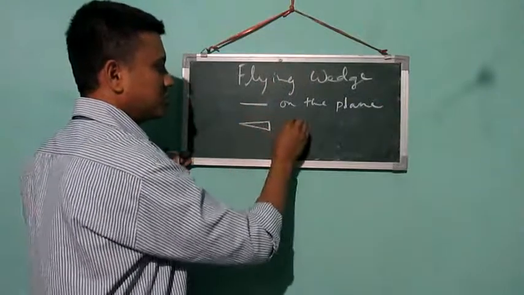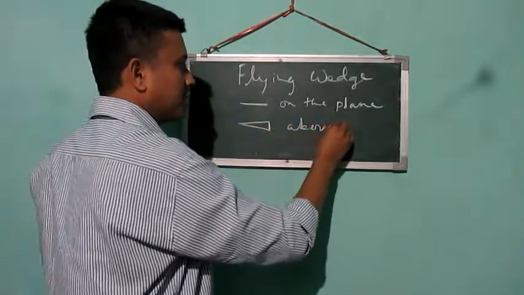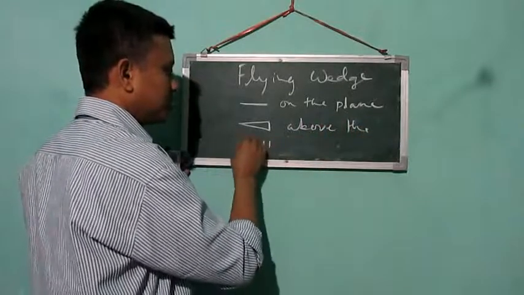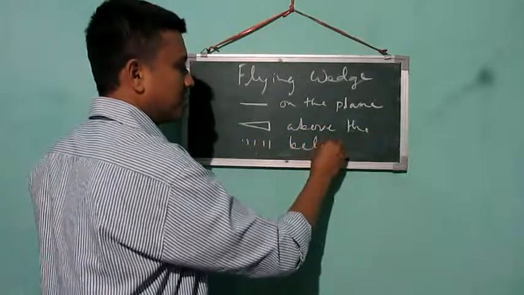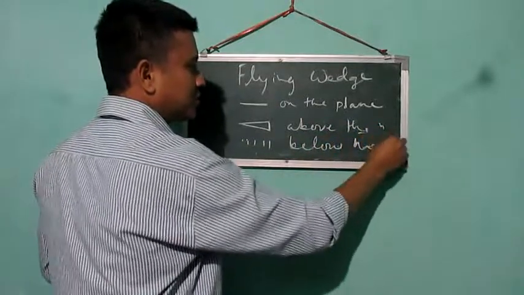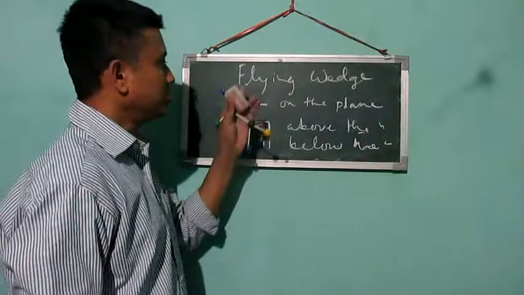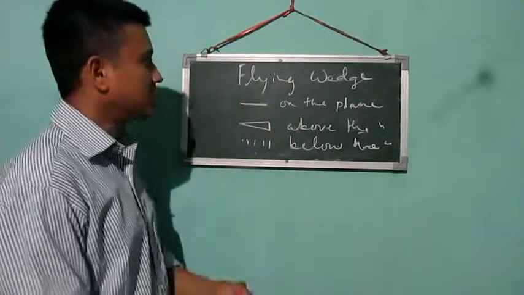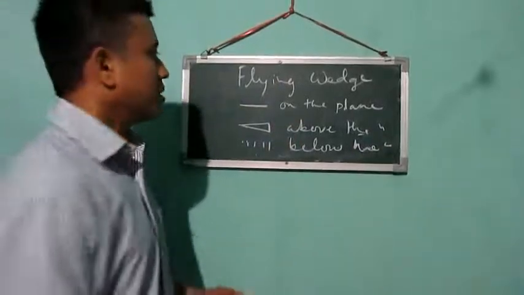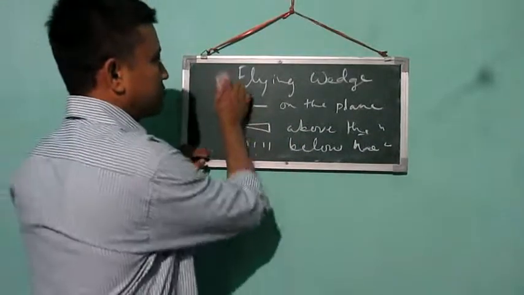This bond is above the plane, and this bond is representing below the plane. So these three are the types of bonds that are used in flying wedge projection. Actually, this flying wedge projection is the three-dimensional representation of the structure.